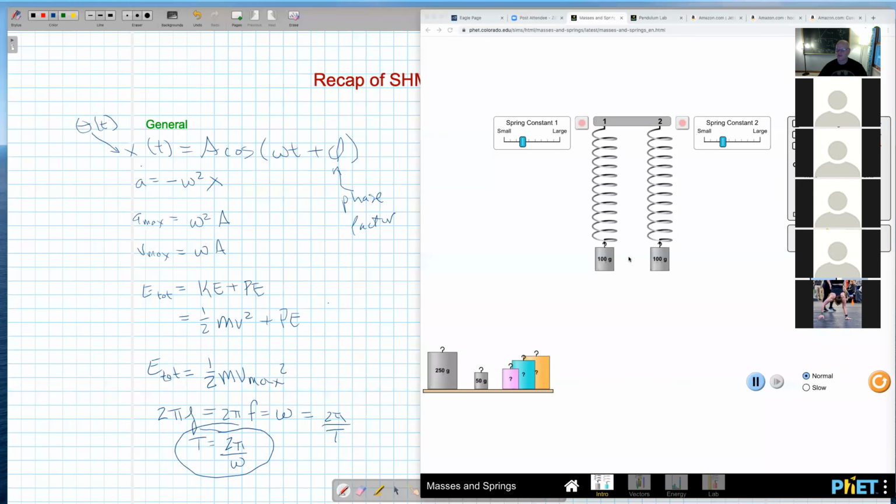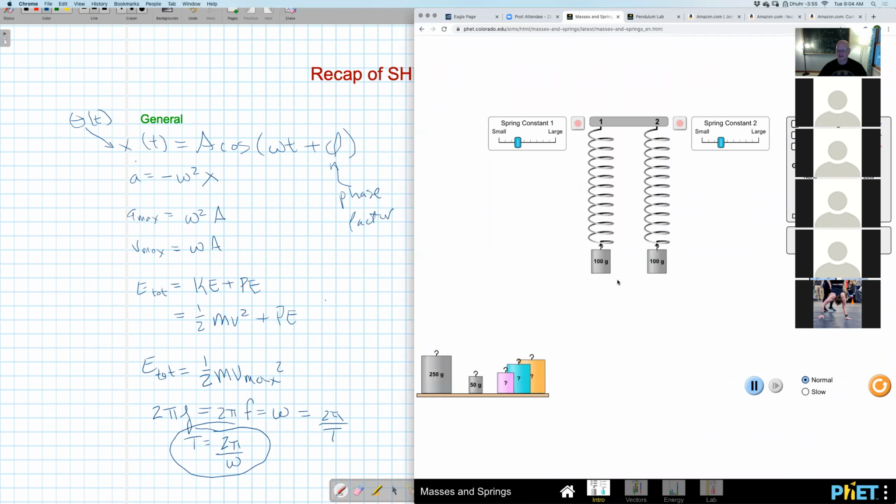For example, if I bring up our favorite simulation here, it doesn't matter how far I pull the mass. Here I have 100 grams attached to a spring with a particular spring constant, the same 100 grams attached to the same spring. It doesn't matter if I pull it down, say, this far, and let it oscillate.